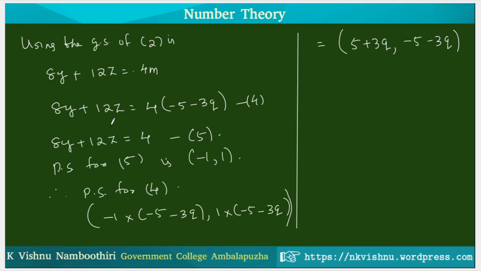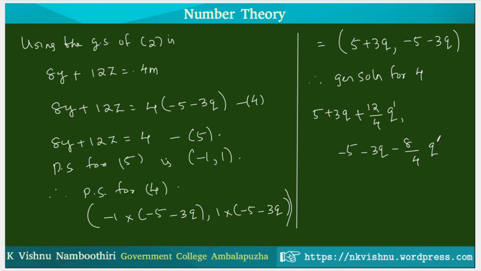So this is the particular solution, and therefore the general solution for 4 will be: we take 5 plus 3q, this is our y0, plus 12 by the GCD, that's 4, into q dash, and minus 5 minus 3q minus 8 by 4 into q dash, where q dash is an integer.